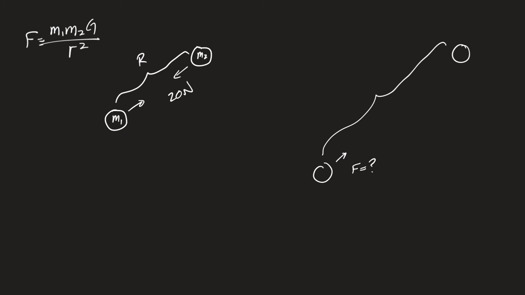The second thing you're going to do is put in the values as given and what they equal. So for us, we don't really have any values, but we know that they equal 20. So I'm going to say 20 equals m1 m2 g over r squared. That's step one.